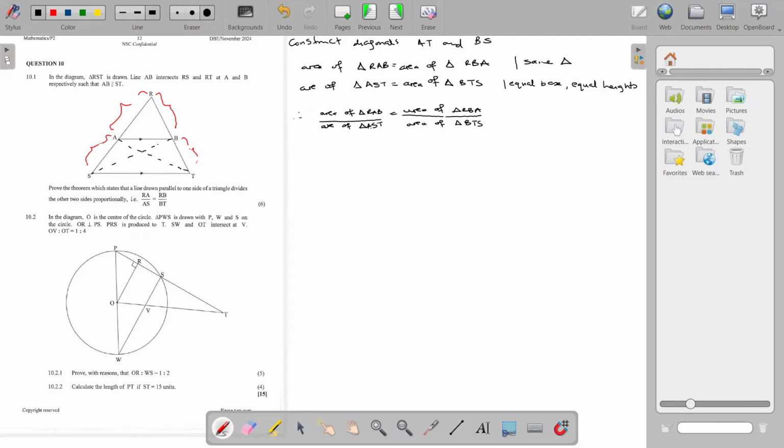Then from there, we use the formula for calculating the area. But take note when calculating the area, we pick the sides that we want. We don't just take any side.